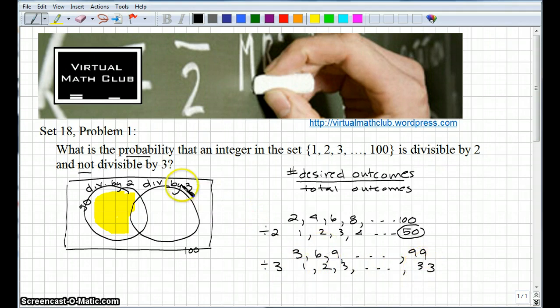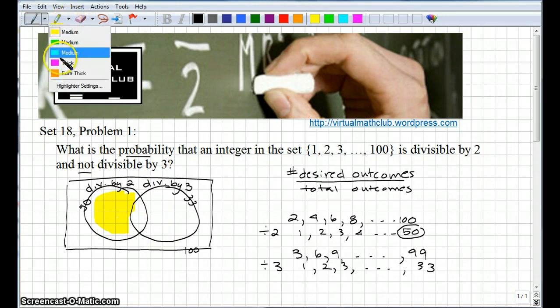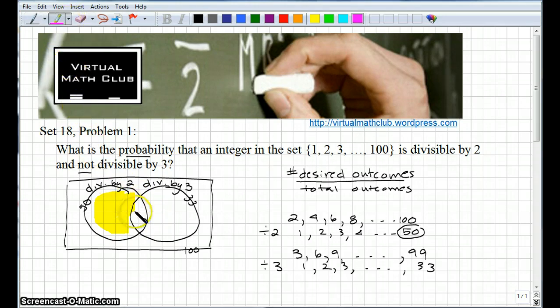So we have a total of 33 numbers in this set that are divisible by 3. But we've got some numbers here that are divisible by both 2 and 3.